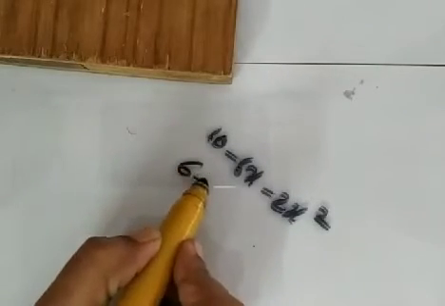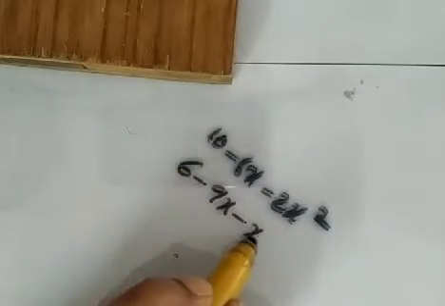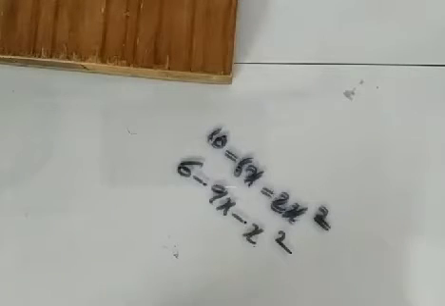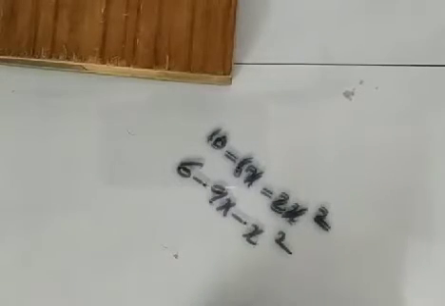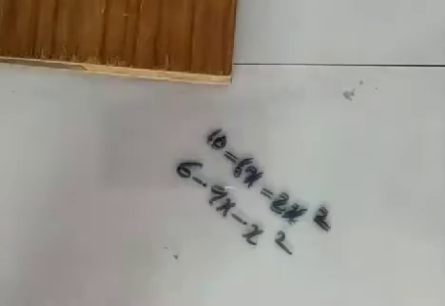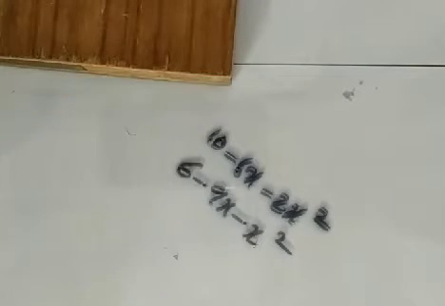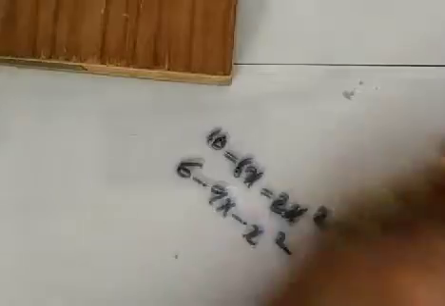And the next one, 6 minus 9x minus x square. These are the homework problems, children. Next, we shall move to the next question. I hope you have copied it.